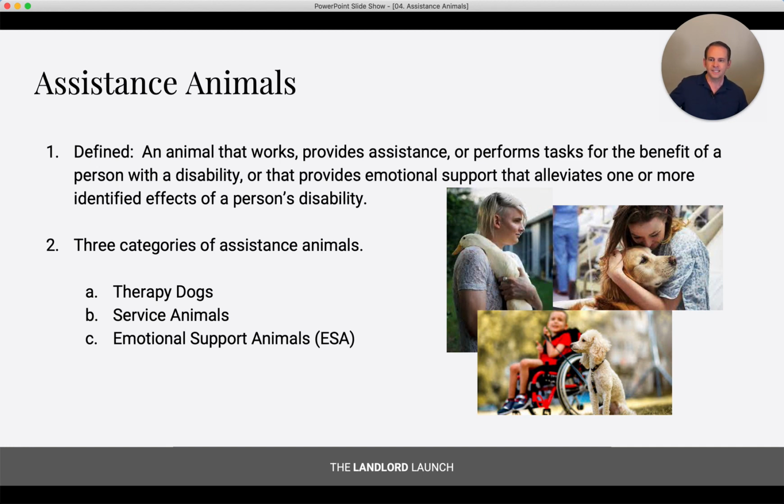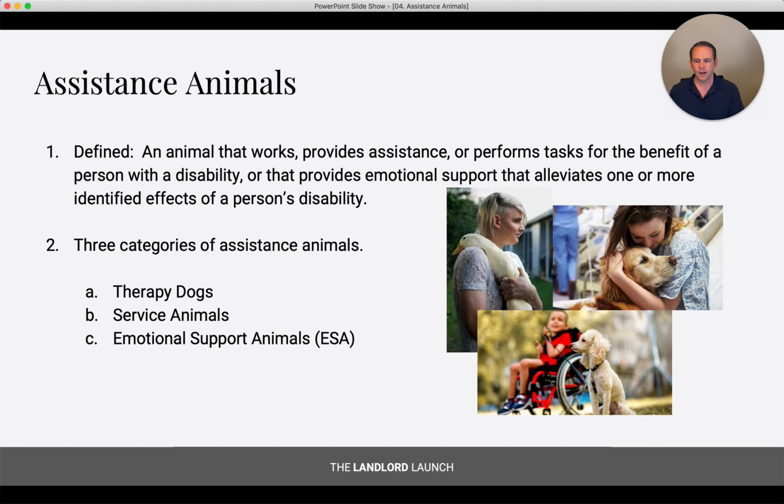Okay, so an assistance animal. The actual definition here is an animal that works, provides assistance, or performs a task for the benefit of a person with a disability, or that provides emotional support that alleviates one or more identified effects of a person's disability.